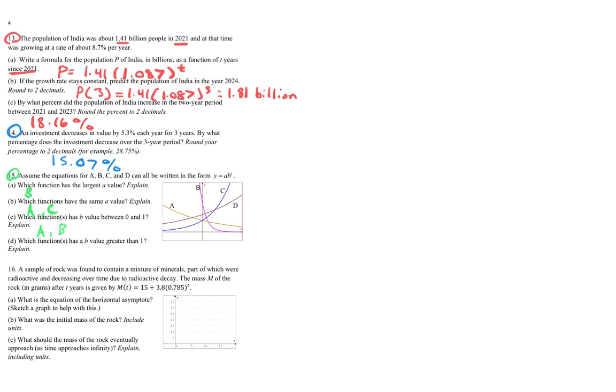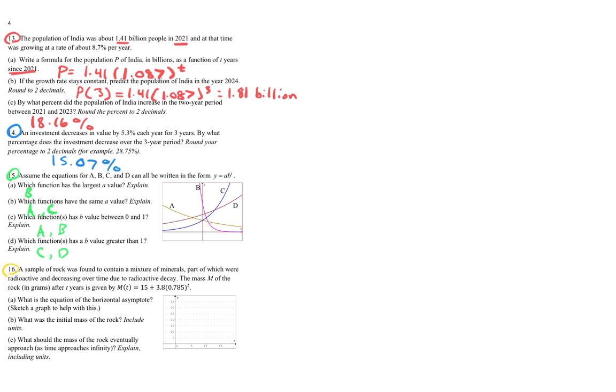And then which functions have a b value greater than 1? These are ones that are increasing, so that's going to be c or d, because if b is greater than 1, you're going to start getting really big numbers as t gets bigger. So we say that c and d have a b greater than 1, and again, that's just because they're increasing.